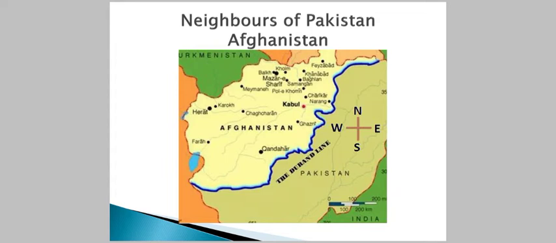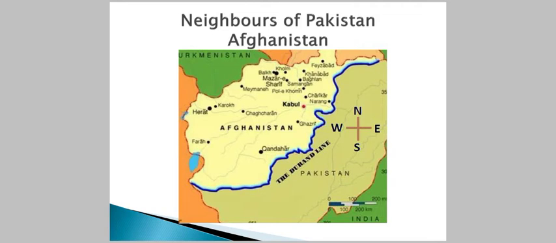This Durand Line was demarcated in the British period in 1893, and the agreement was signed by Amir Abdur Rahman from the Afghanistan side and Sir Mortimer Durand from the British side.